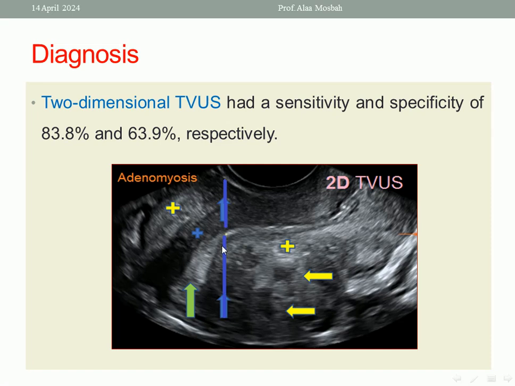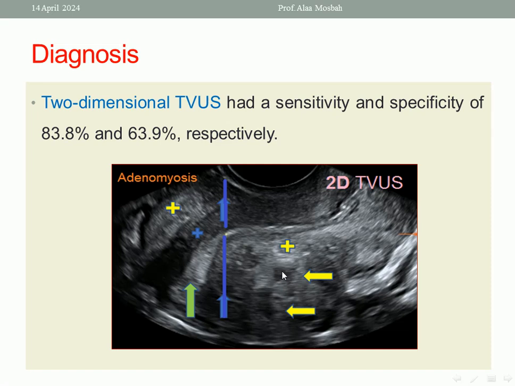You can find asymmetry in thickness between the posterior wall and the anterior wall. Of course, the thickness of the posterior wall is greater than the thickness of the anterior wall. Okay? What else as a sign by ultrasound?